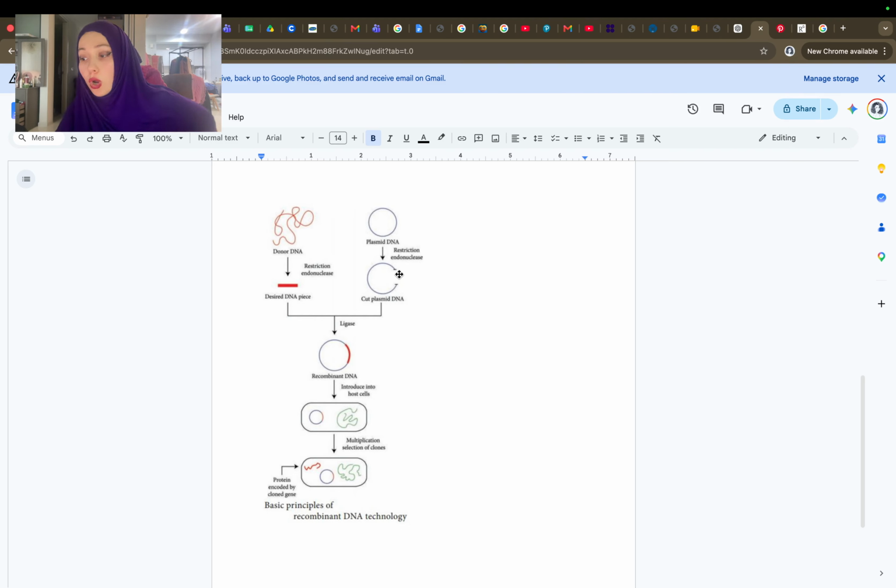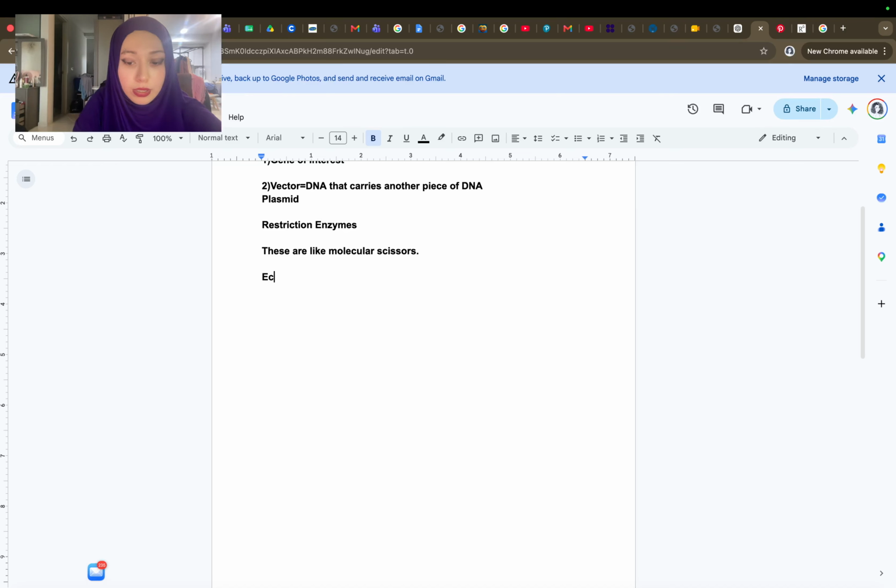For example, we have this. This is one of the most common examples. EcoRI we have, and it cuts DNA at a specific sequence. So it's always at the same place. And now we have both.